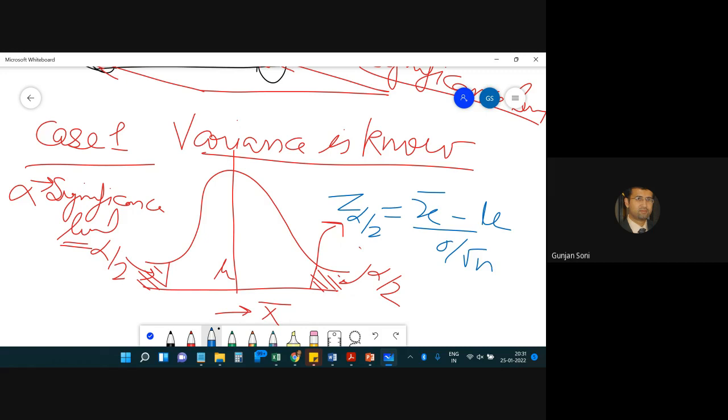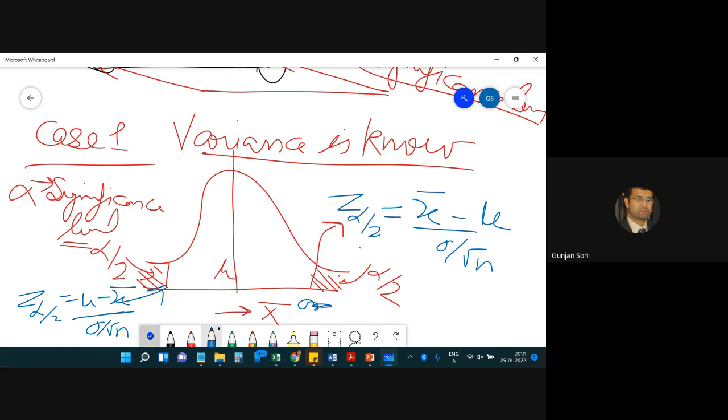Similarly on this side, z alpha by 2 will be equal to mu minus x bar divided by sigma by root n.